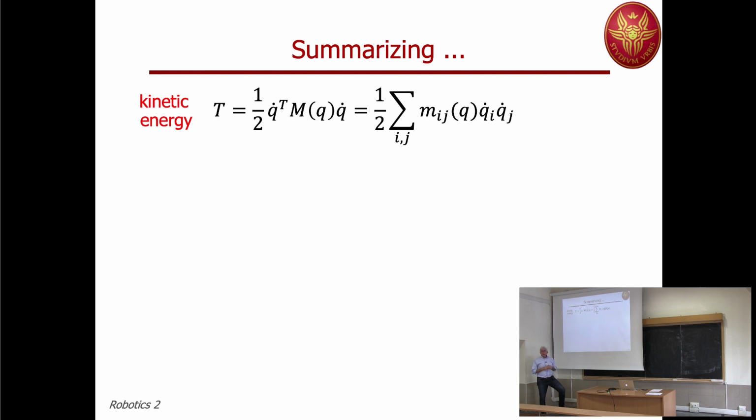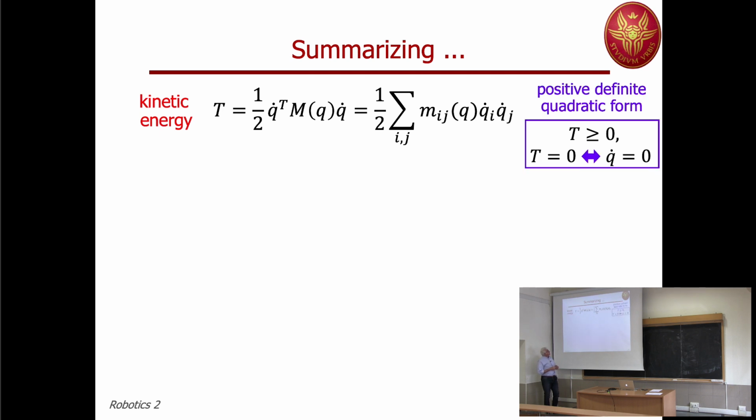The scalar version is a double summation over the index i going from 1 to n, the number of links, and the index j going from 1 to n, of the individual element of the inertia matrix, Mij, which are functions of q in general, times the product between the joint velocity of joint i and of joint j. And of course, in this summation the matrix is symmetric, so Mij will be equal to Mji. So this is the scalar version, and we will use it for the next derivation, but you can do the derivation also in vector-matrix format. So this is our property. We know that this is very important.